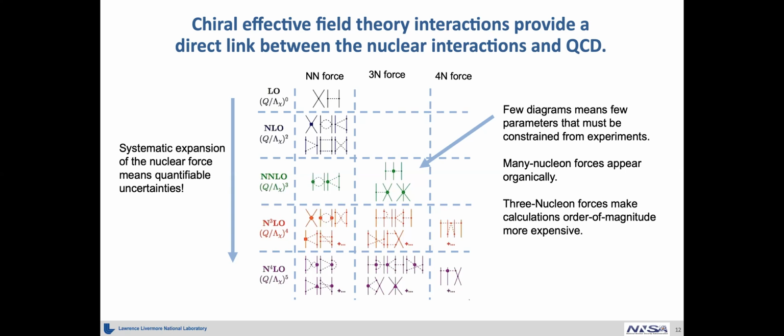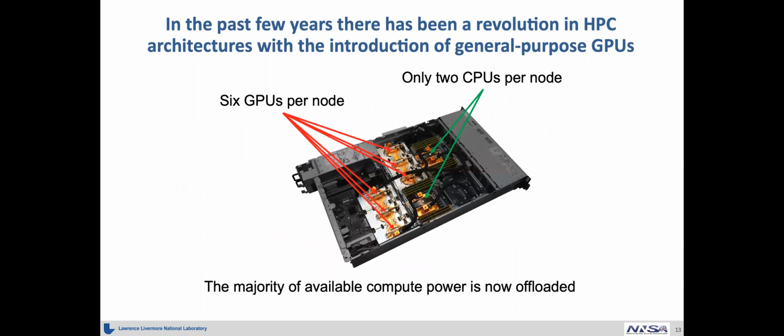I say few parameters because I come from a shell model background, so fitting 100s of parameters is not unheard of in the shell model space, but here it's less than that, around, let's say 40. So obviously, solving a system of A nucleons with nucleon plus three nucleon forces is computationally very expensive. It's expensive to just do structure.